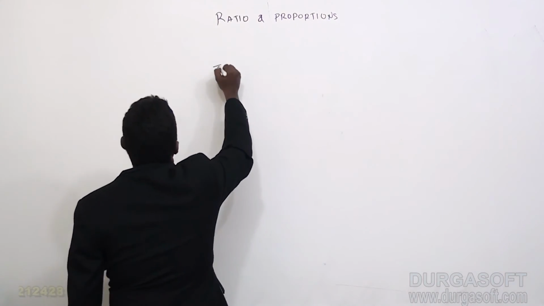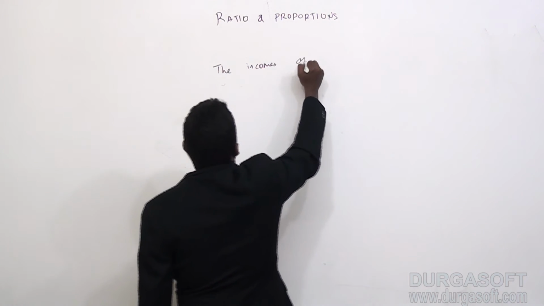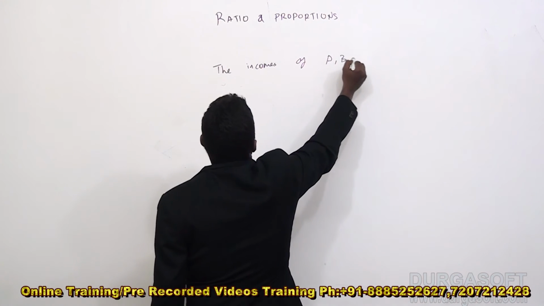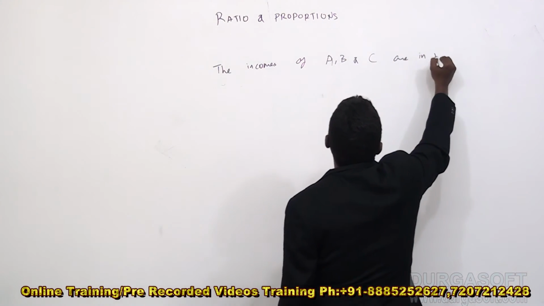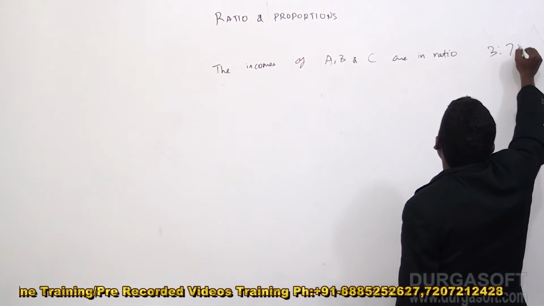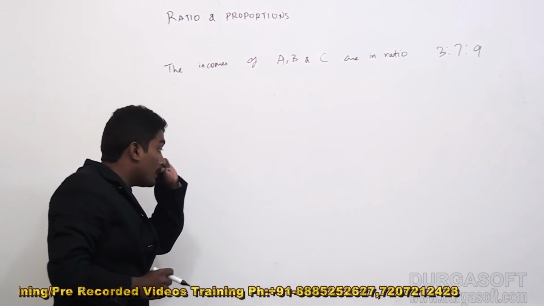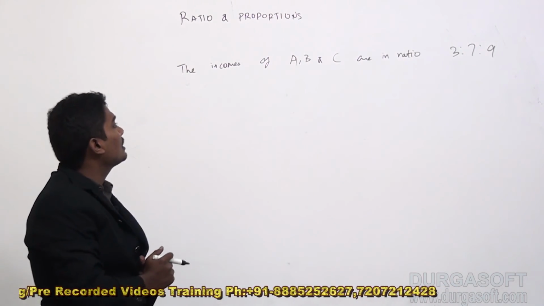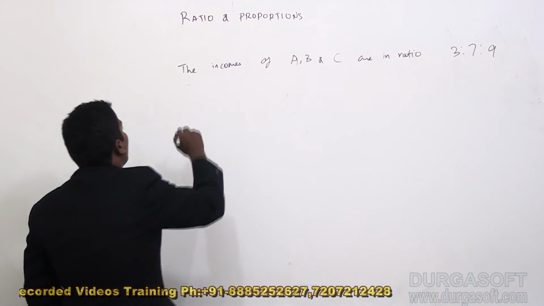The incomes of A, B and C are in ratio 3:7:9.